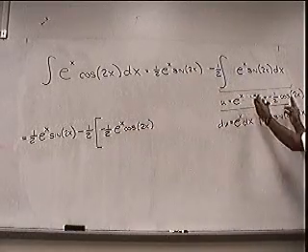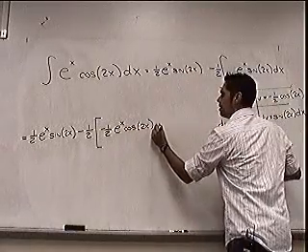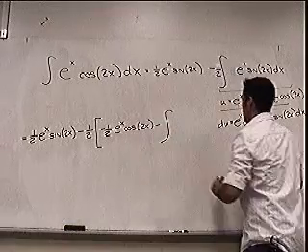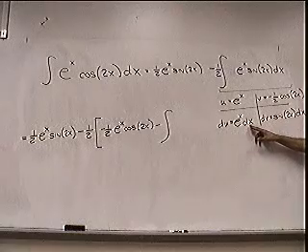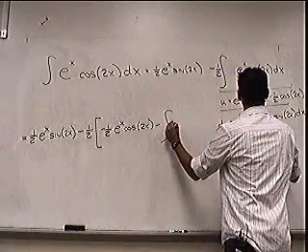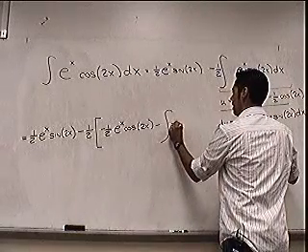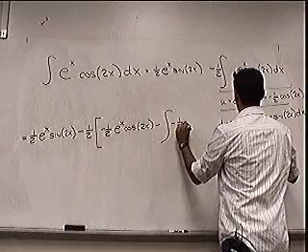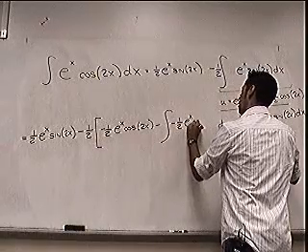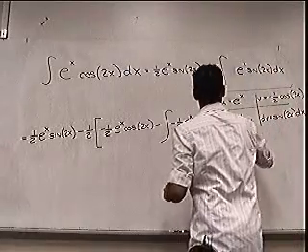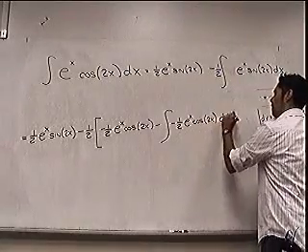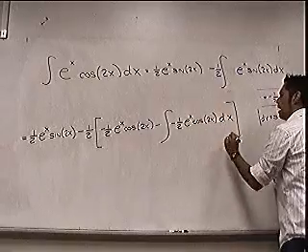So that's uv right there. Minus integral v du. So what's that going to be inside here? Negative 1/2 e to the x cosine 2x dx. Close off my bracket.